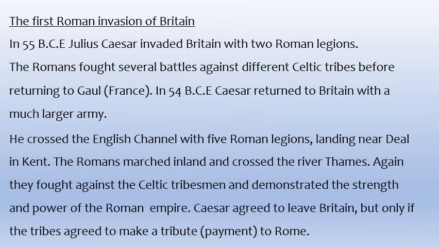He crossed the English Channel with 5 Roman legions, landing near Deal in Kent. The Romans marched inland and crossed the River Thames. Again, they fought against the Celtic tribesmen and demonstrated the strength and power of the Roman Empire. Caesar agreed to leave Britain, but only if the tribes agreed to make a tribute payment to Rome.